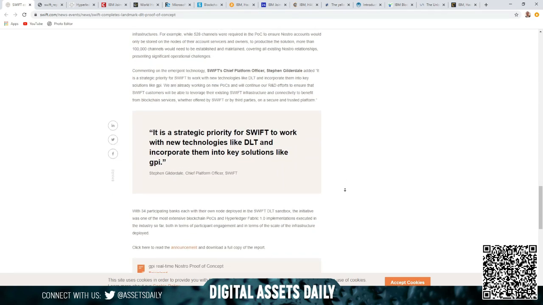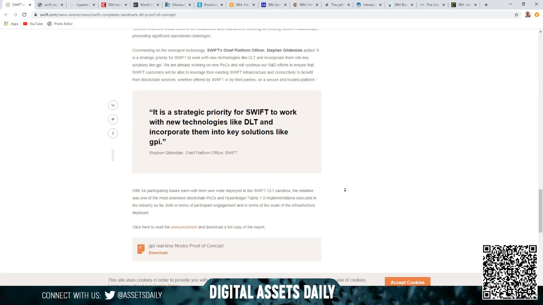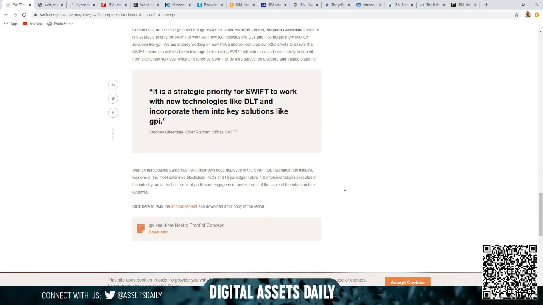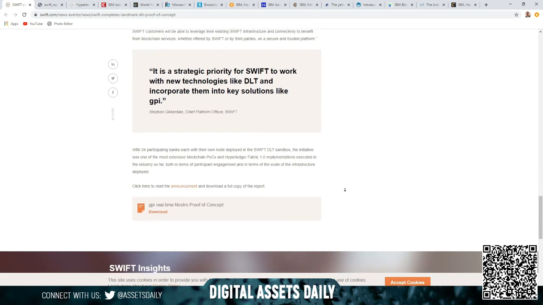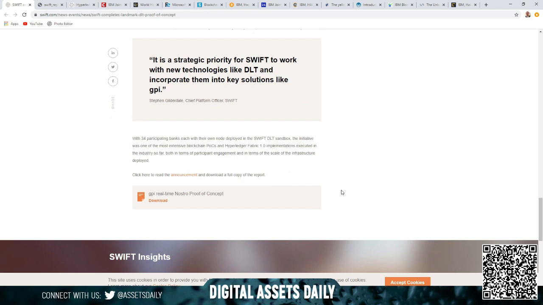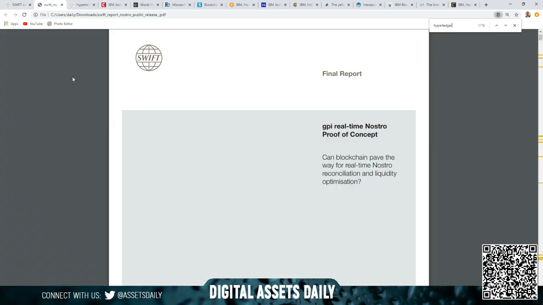It is a strategic priority for Swift to work with new technologies like DLT and incorporate them into key solutions like GPI. And we know the DLT specific here they're speaking of through the Sandbox initiative is the Hyperledger Fabric, which runs through IBM exclusively on Stellar.